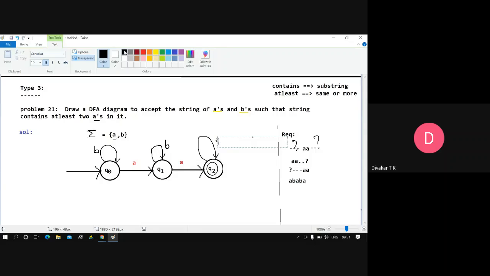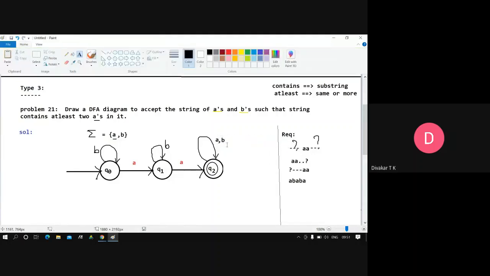A comma B. So this self loop is for the A symbol also, and the self loop is for the B symbol also. Not required to write two loops here.